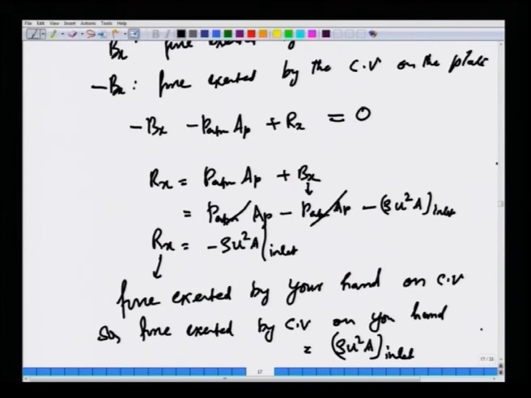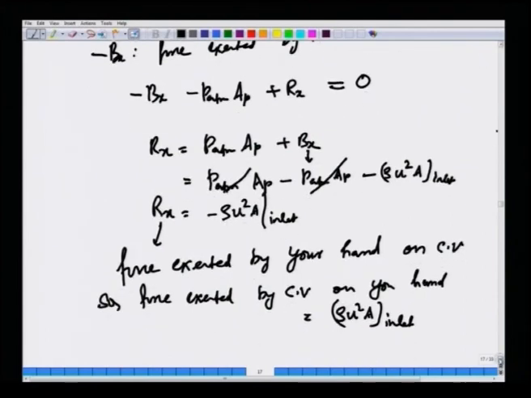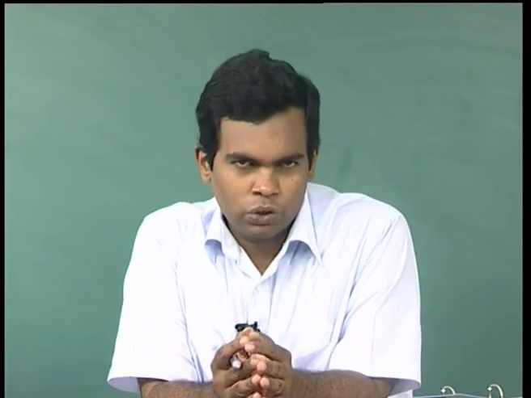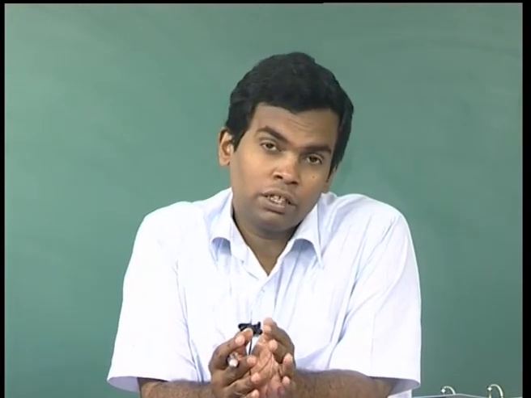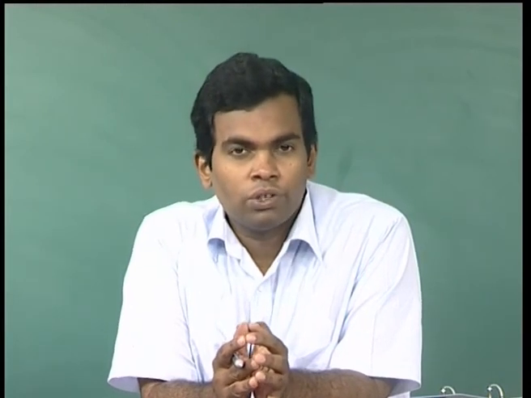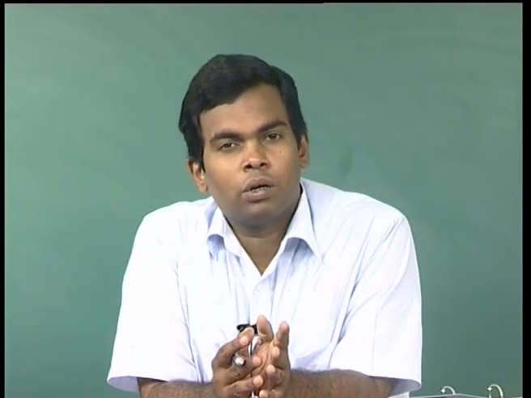Okay. So, this clearly tells you that you can choose to work with a CV of your choice, and if you do every step correctly, the answer will be invariant to the CV that you choose to work with. But some CVs are easier to apply for a given problem than other CVs.